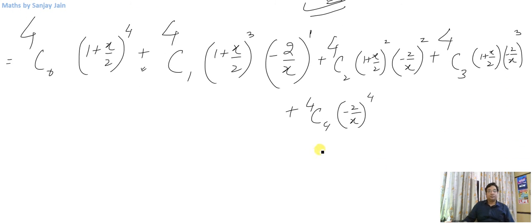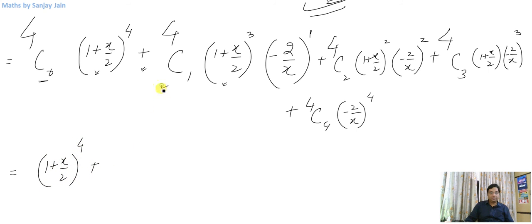Okay, so this was the expansion. Now you see there are these terms. These I'll have to expand separately. But let us write it in a little simpler form, then we will expand these terms and write them here. So the first term is, this is 1, this is (1 plus x by 2) raised to power 4.